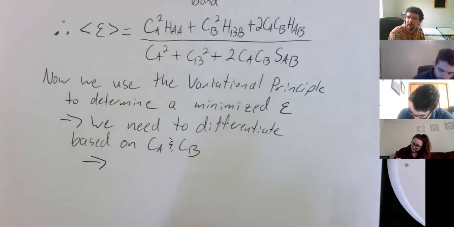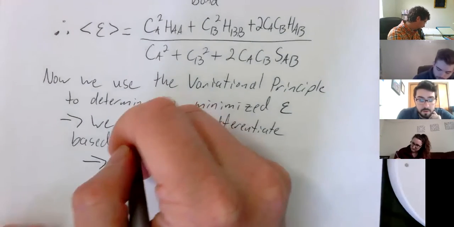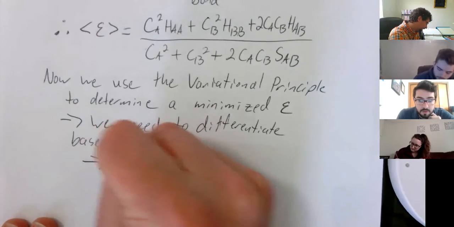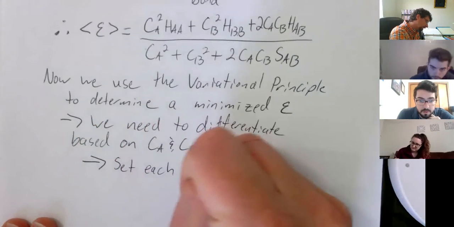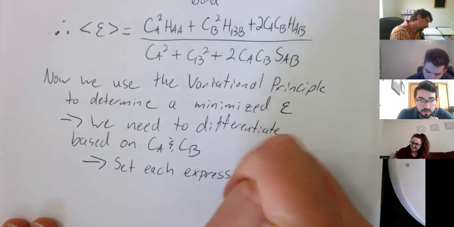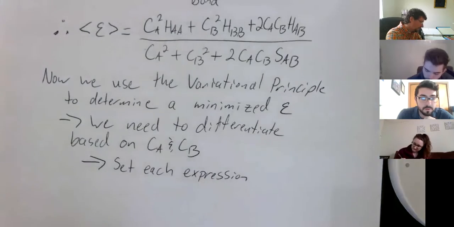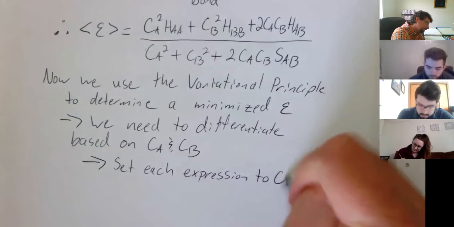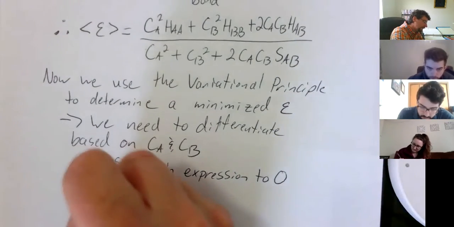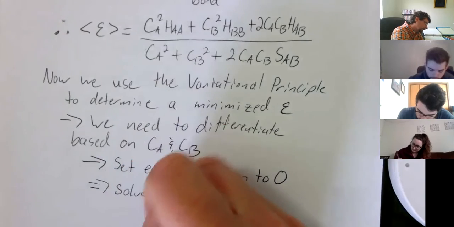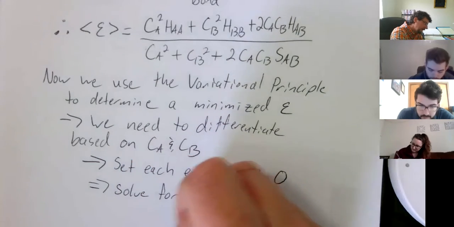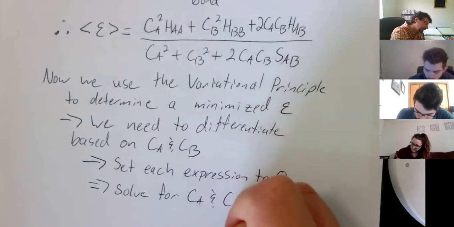If we're trying to find a minimum, what are we going to set that differential to? Or how do you know you've arrived at a minimum, like on a potential? Yeah, it's going to be equal to 0. So set expression to 0. And then we solve for CA and CB.